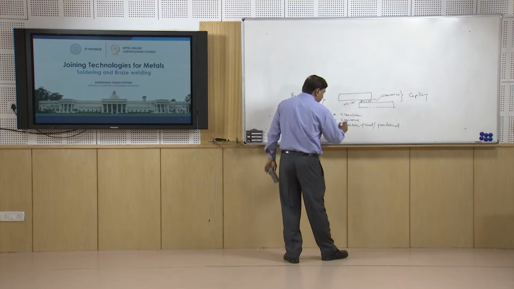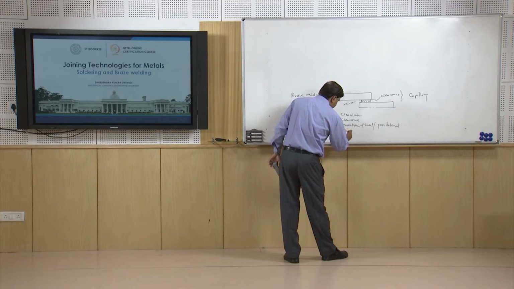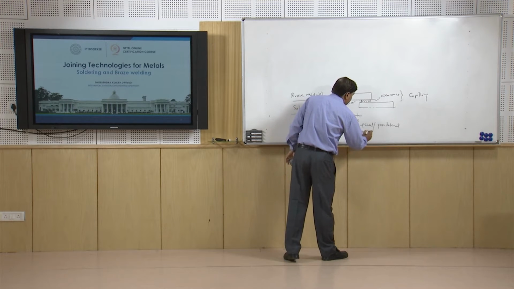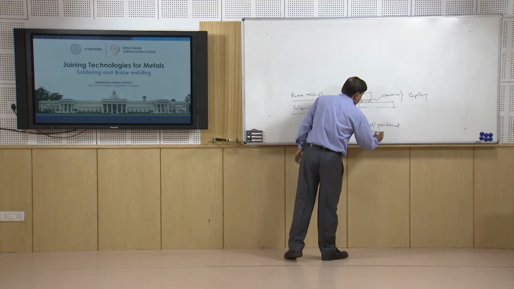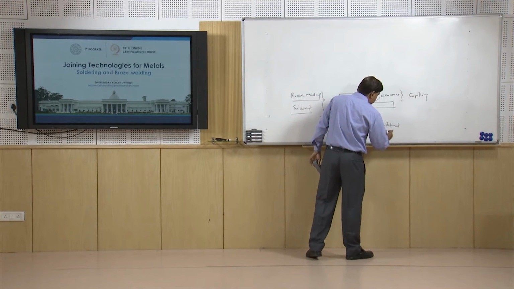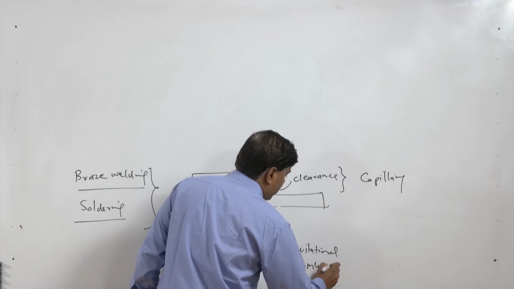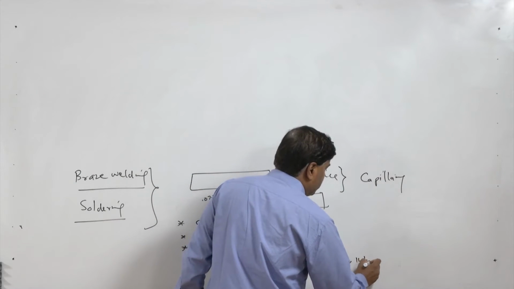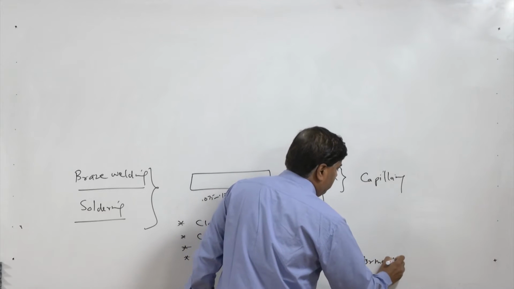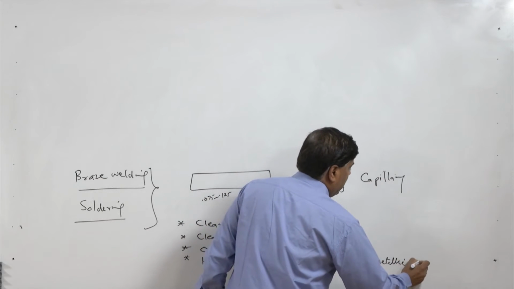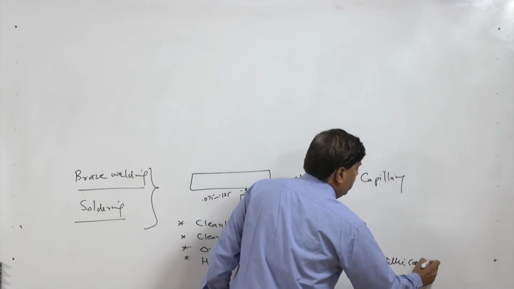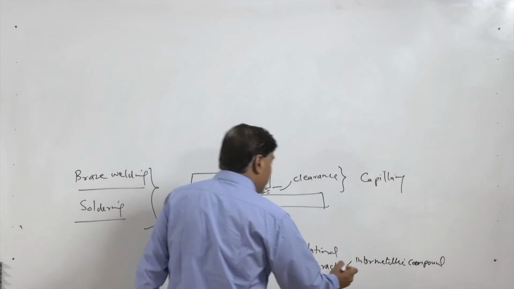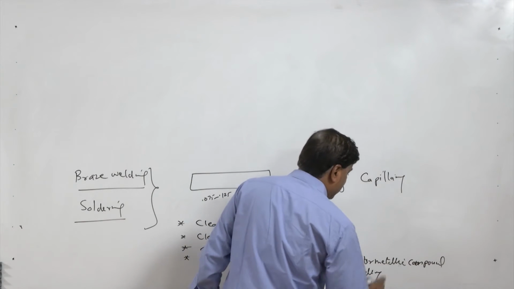Apart from that, we will also see how the solder and base metal interact or react with each other, which may be in the form of formation of an intermetallic compound at the interface, or it may get alloyed.